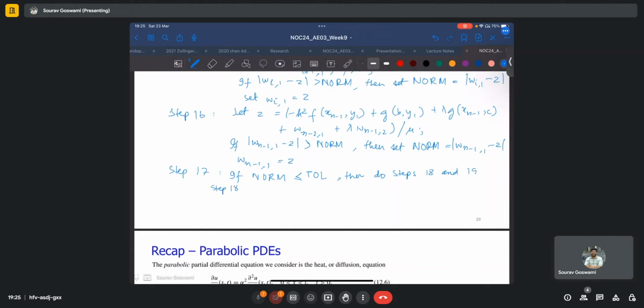So for step 18, for i equals 1 to n minus 1, then for j equals 1 to m minus 1, we output x_i, y_j, and w_ij. Step 19 is simply to stop. That is, the procedure was successful.